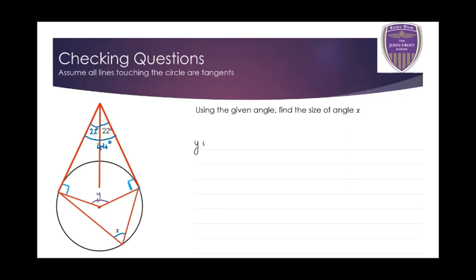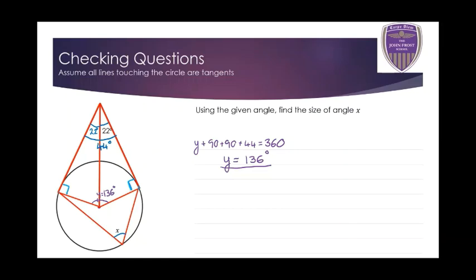So Y plus 90 plus 90 plus 44 equals 360. And you should have found that Y is equal to 136 degrees. Okay, so we can cross out there. So Y equals 136 degrees.